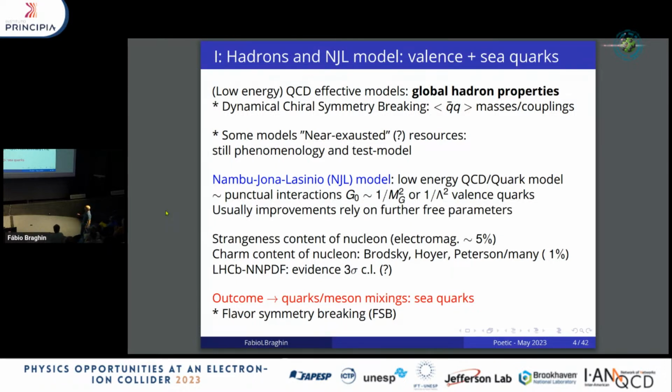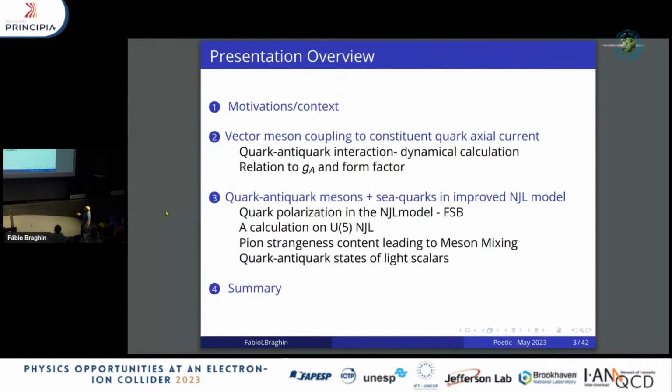In fact, this coupling gives rise to an axial content of the vector mesons, and then I will switch this subject to the Nambu-Jona-Lasinio model.